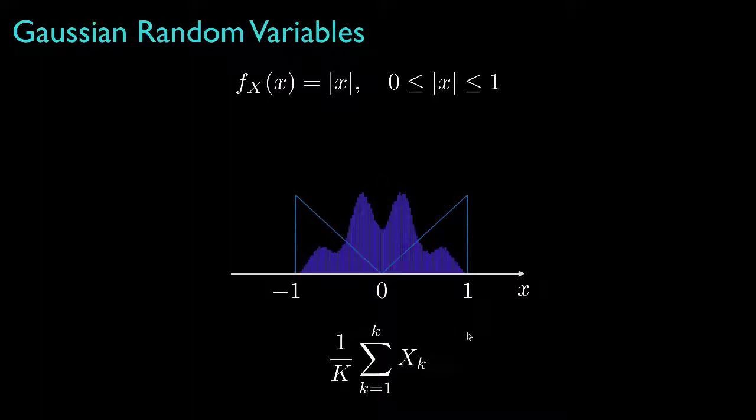Here's what the histogram looks like if we average 3 realizations of the random variable. Here it is for 4, for 5, for 6, 7, 8, 9, and 10.